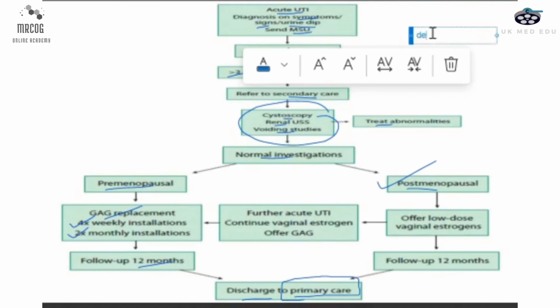Because with declining estrogen, there is urogenital atrophy.